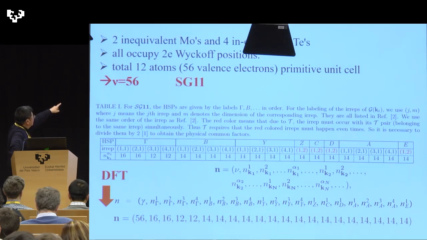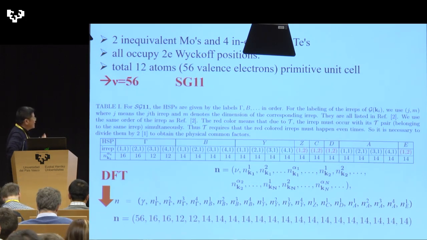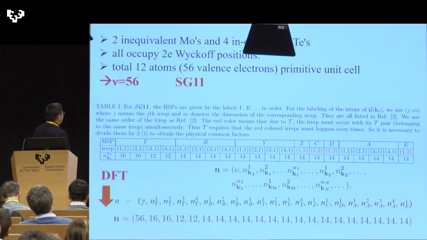For this compound, the space group is 11, and the number of valence electrons is 56. That's the detail of this compound.